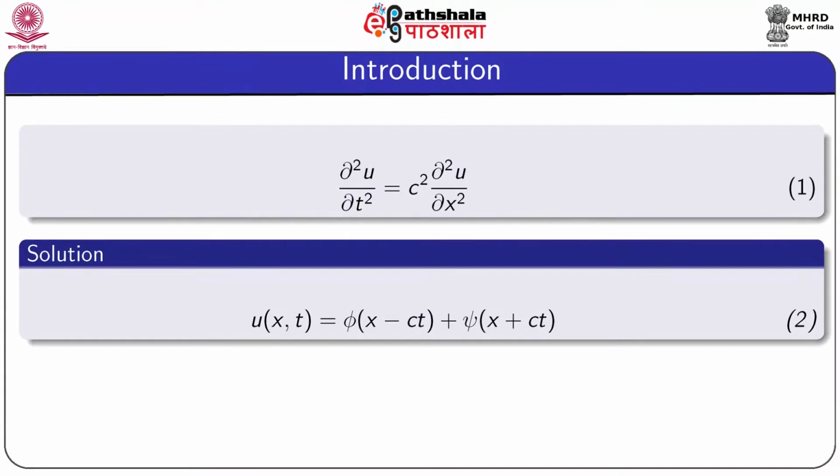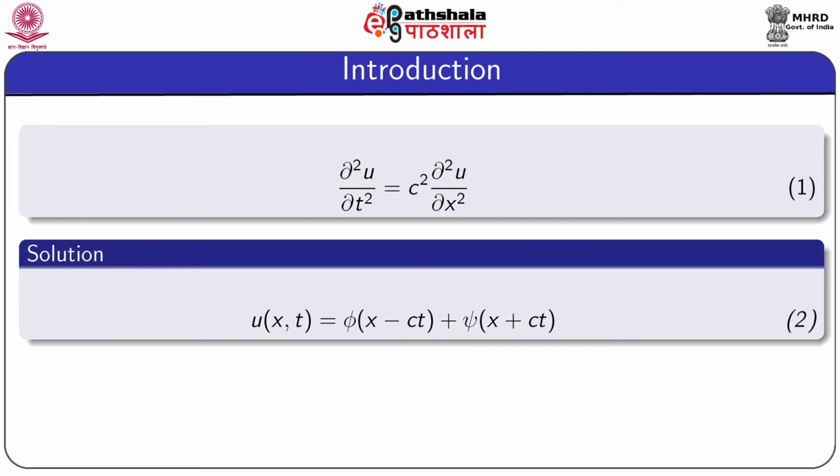Before going to the discussion on the nonlinear wave equation, let me start with the linear wave equation in one dimension. The wave equation in one dimension is given by ∂²u/∂t² = c² ∂²u/∂x², where t is the time variable and x is the space variable.